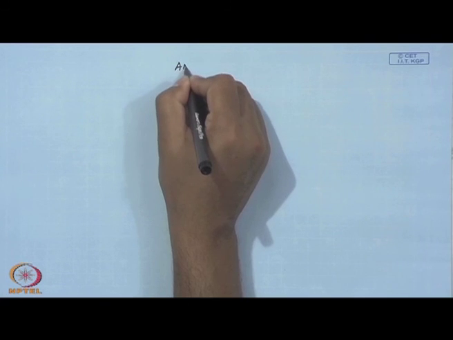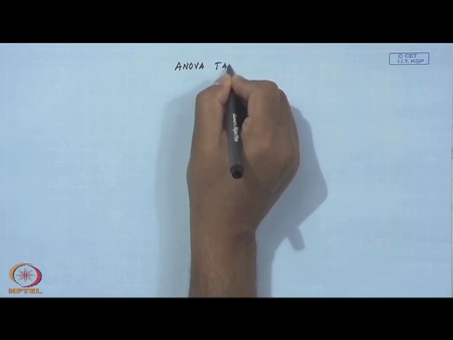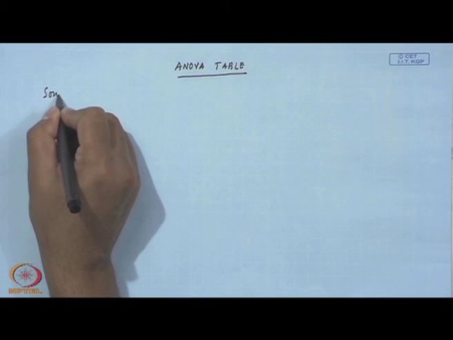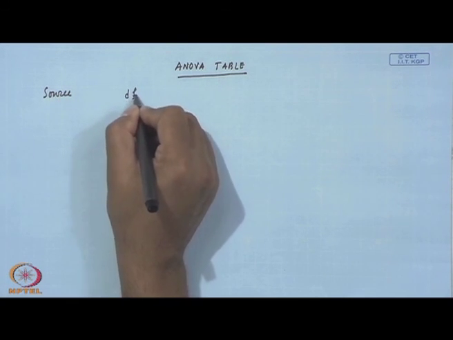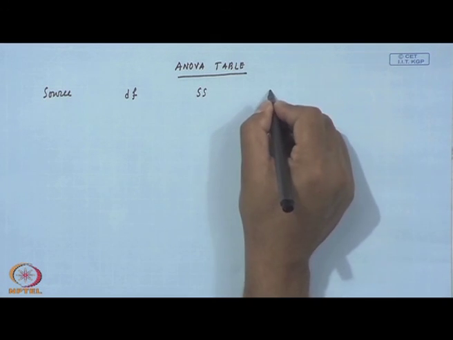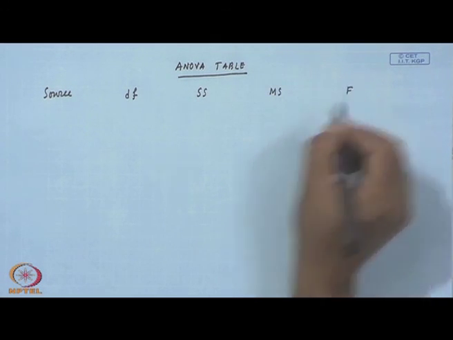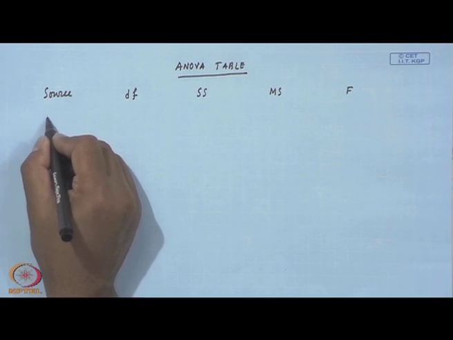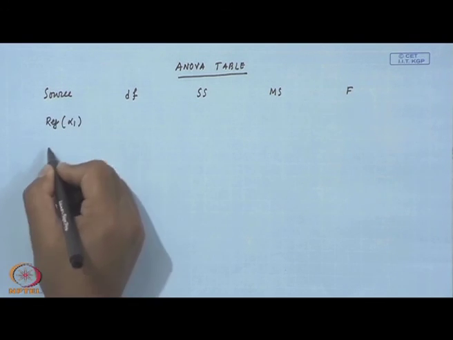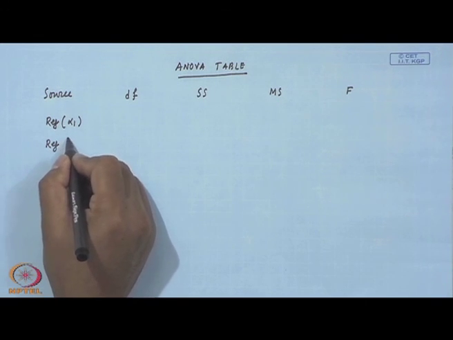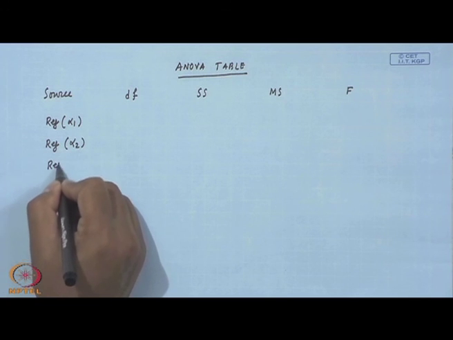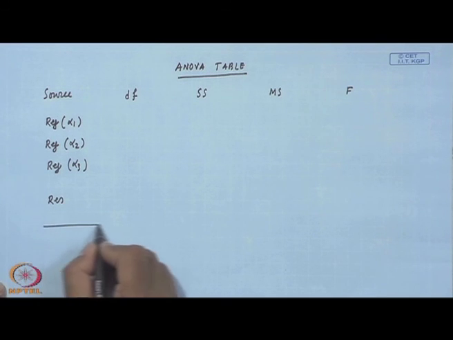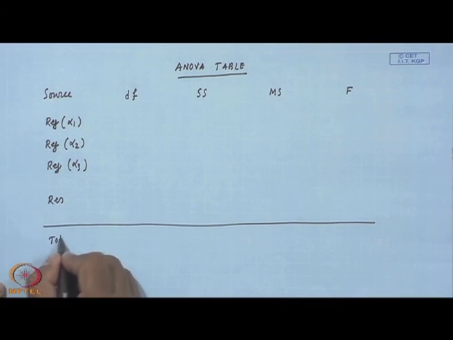ANOVA table: source, degree of freedom, SS, MS and F. Regression due to alpha 1, regression due to alpha 2, regression due to alpha 3, and say residual, and then total.